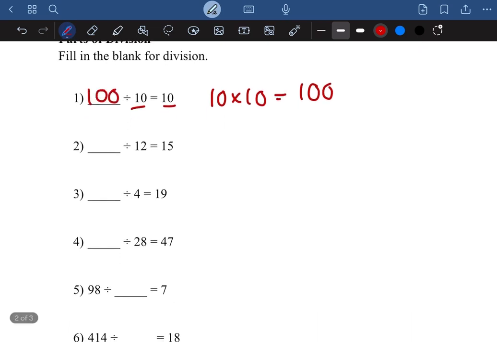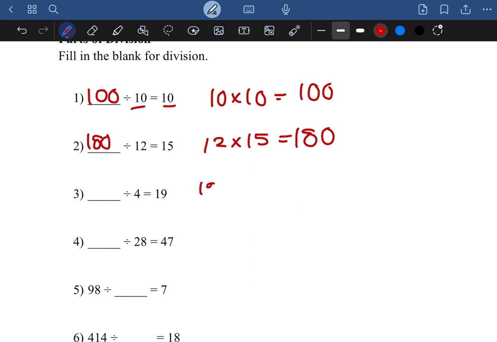Number 2, same thing for here. We just multiply the divisor, which is 12, by the quotient, which is 15. And 15 times 12 is 180. So the number that will go in the blank is 180. Number 3.